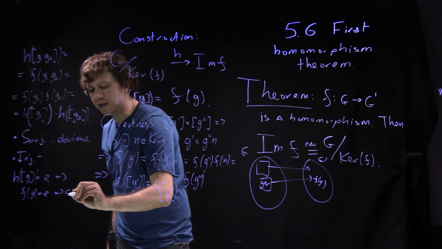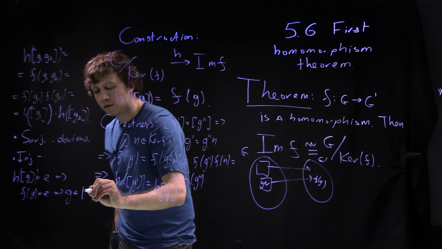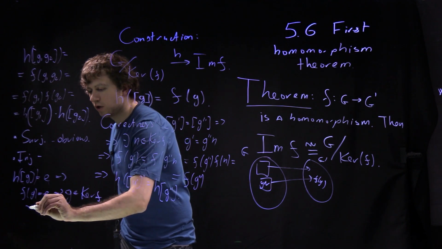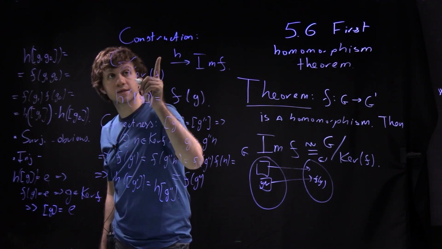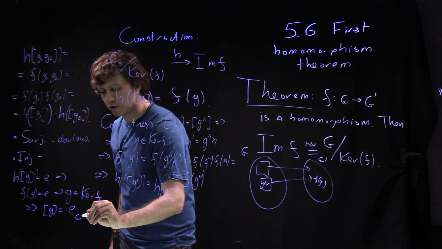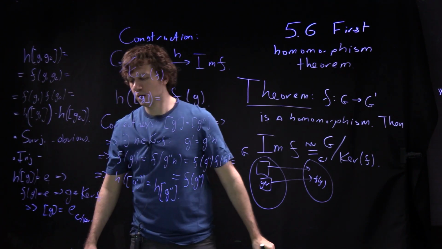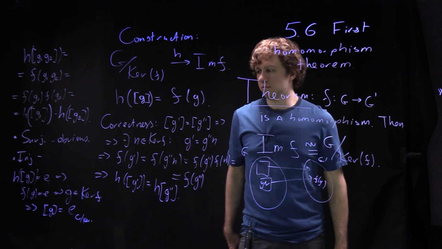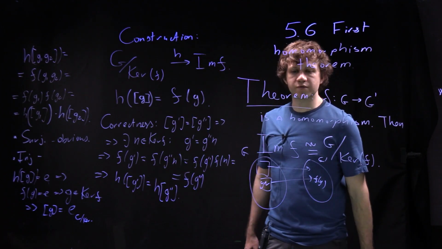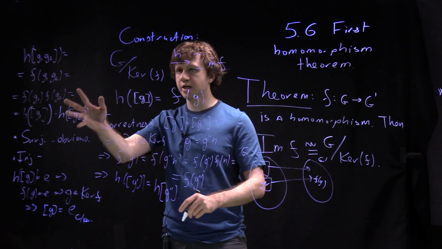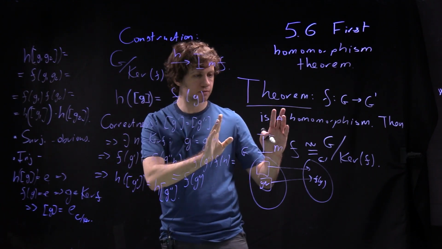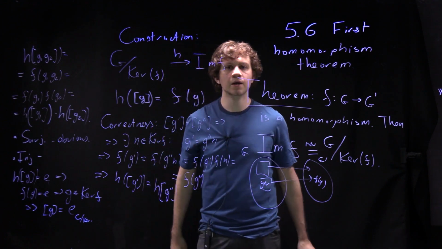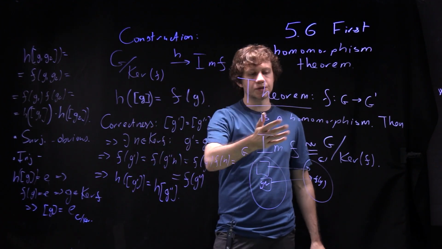So g is in the kernel of f. So the class of g is identity in the factor group, G over kernel. So that's it. That's the end of the proof. So a bijective homomorphism exists, well defined. That's done. And all examples from the previous class give you that.